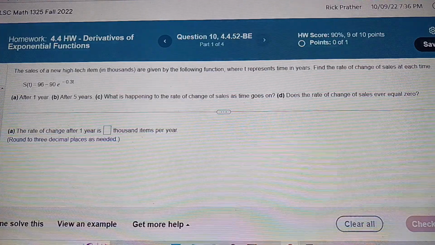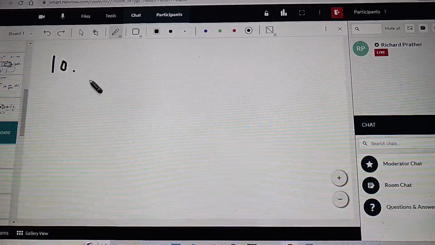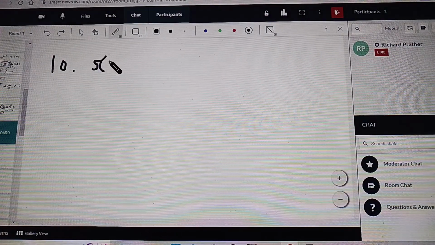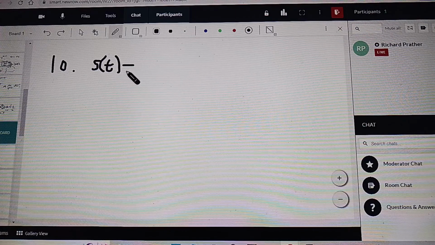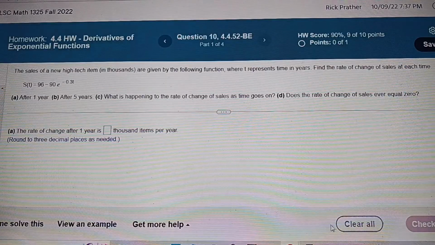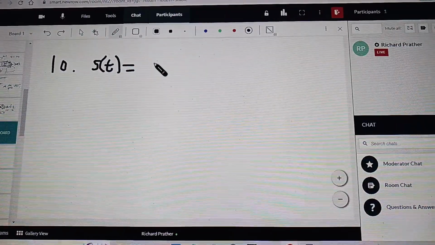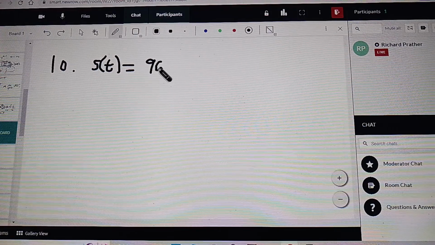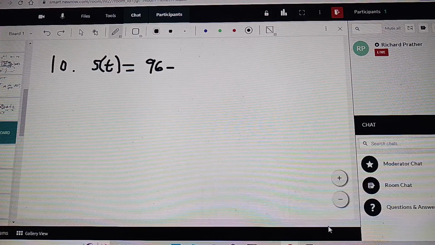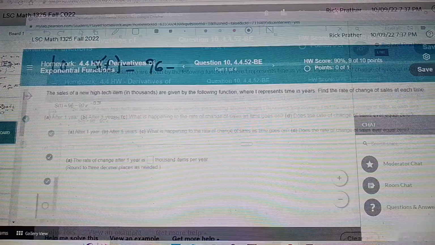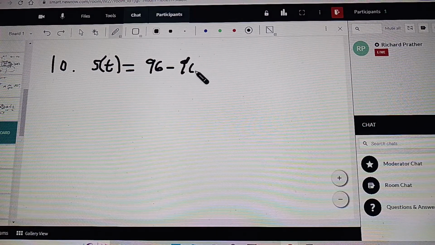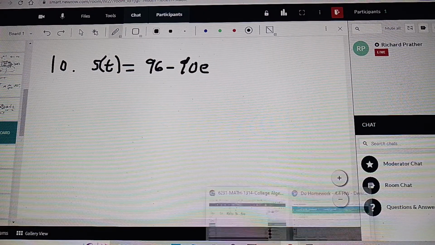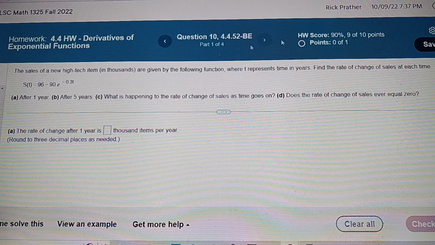So S of t equals 96 minus 90e to the negative 0.3t.